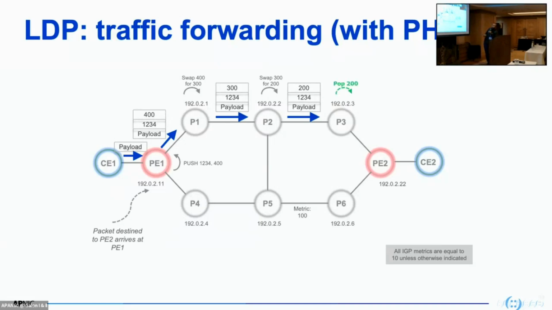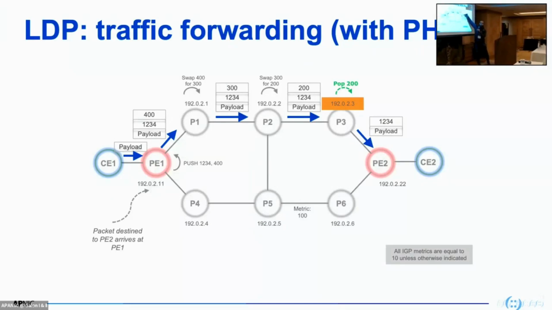So what we'll basically do is pop the top label. It will keep the next label and payload, because the next label is meaningful and very important for PE2 to identify which VRF or which VPN it's going to pass the packet through.